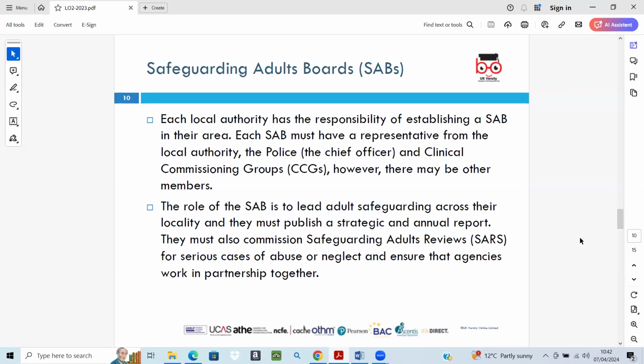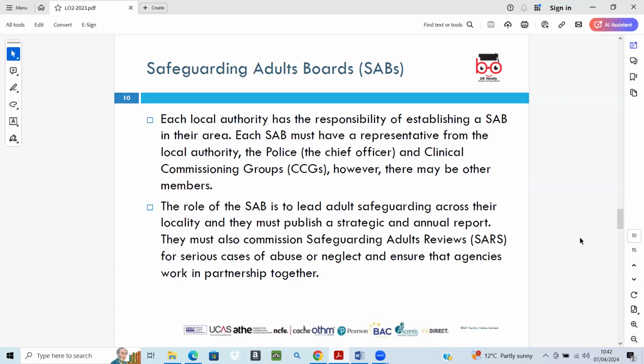As I mentioned earlier, there are a few case laws and cases which were held in the United Kingdom. So, based on those cases, they make their decisions to prevent future harm, ensuring that agencies within the area work in partnership to effectively safeguard adults from abuse and neglect.